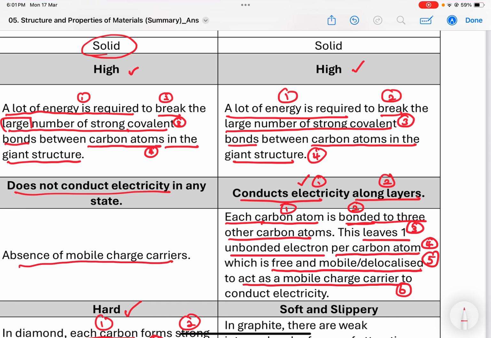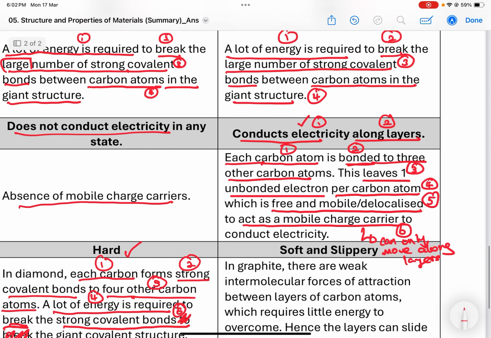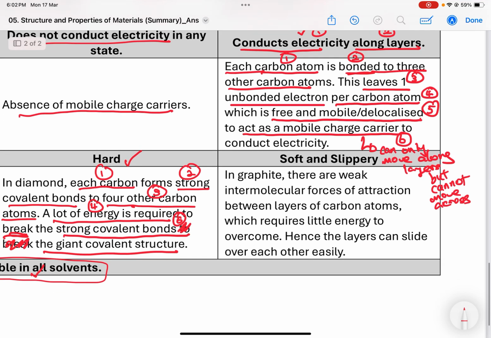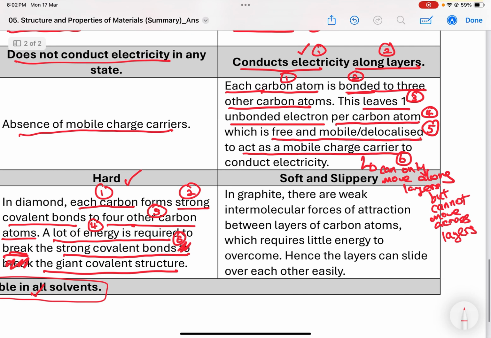Now take note, these mobile charge carriers can only move along the layers, but cannot move across layers. Just take note of this.